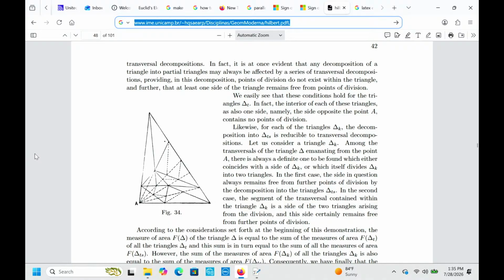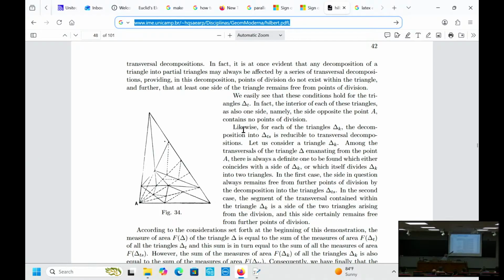He starts at the beginning. For each of the triangles, this is yes. It's this point about having a transversal decomposition. Transversal decomposition is a particular way the lines have to come. It's defined down here.